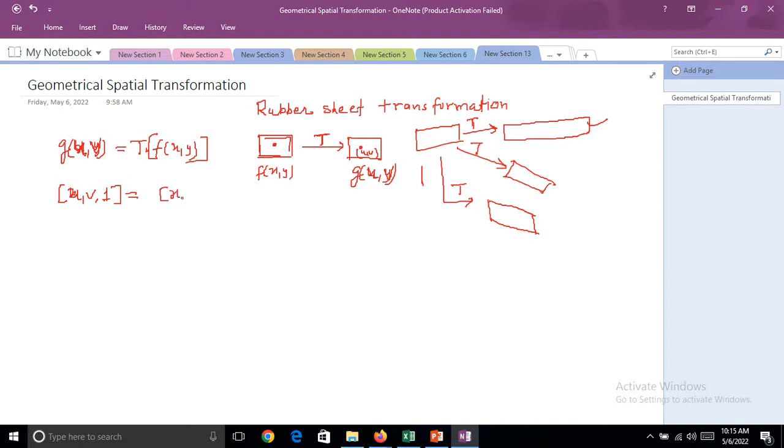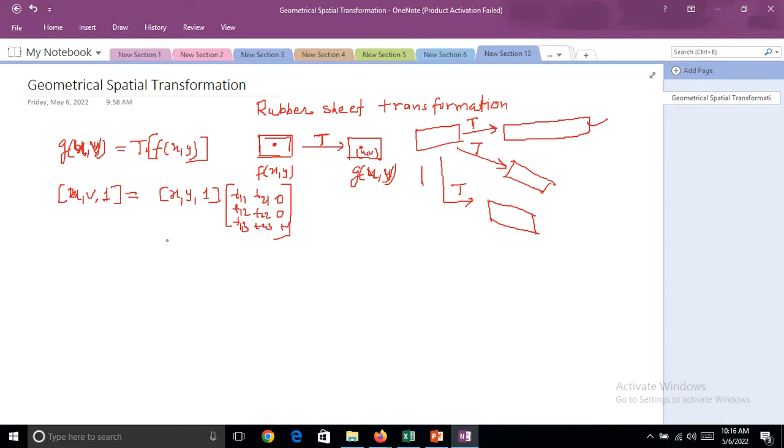The original coordinate is x, y, 1, and the operator T we shall use as a 3 by 3 matrix: T11, T12, T13, T21, T22, T23, and 0 0 1. So our transform operator is a matrix of size 3 by 3.